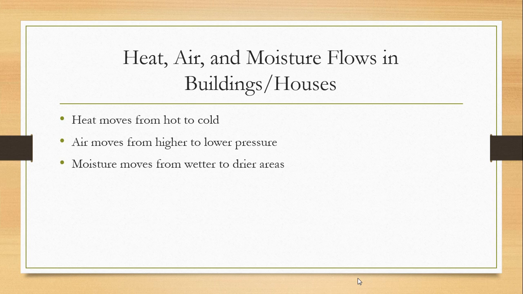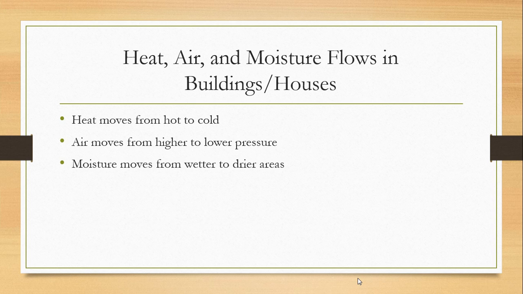So continuing, heat, air, and moisture flows in buildings or houses. All right, so these are some very important key points to remember here. Heat moves from hot to cold. So within a building, you find heat can move from hot areas in the building to cold areas. So if your goal is to try to cool down the building, now you have a bit of a problem.